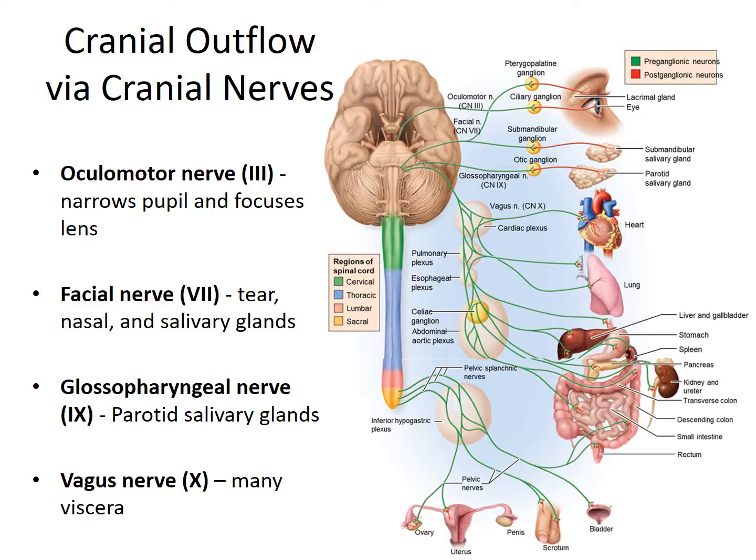If you remember, when we talked about the baroreflex with regards to the blood pressure in the heart, it involved both the glossopharyngeal nerve and the vagus nerve.